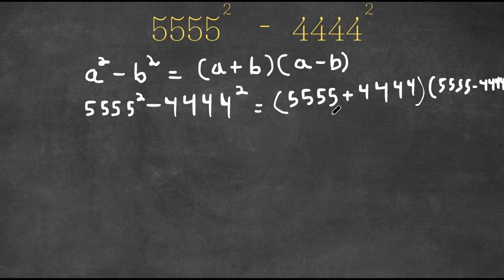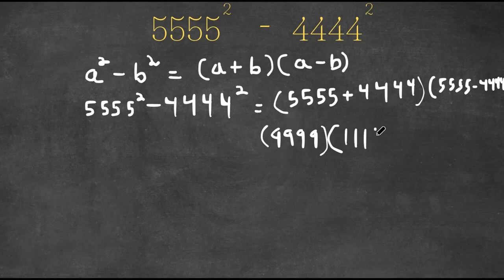So now 5,555 plus 4,444 is simply 9,999. So we have this times 5,555 minus 4,444, which is 1,111.